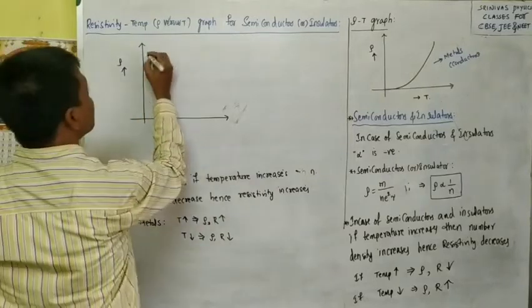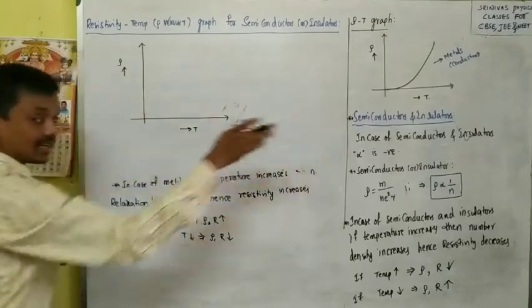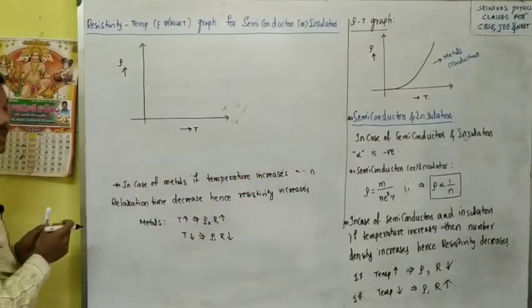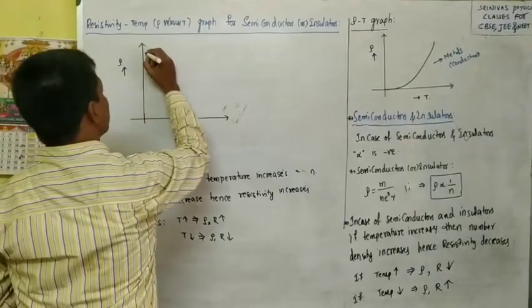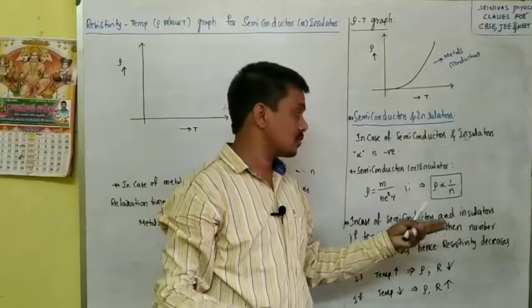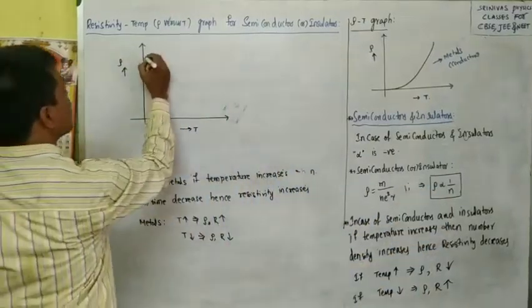And now we have to draw the graph. When temperature increases, what happens for the semiconductors? Resistivity and resistance decrease, right? Because of the increase in number density. More electrons produce more current, and more current means resistivity decreases, right? And the graph we will get is like this.